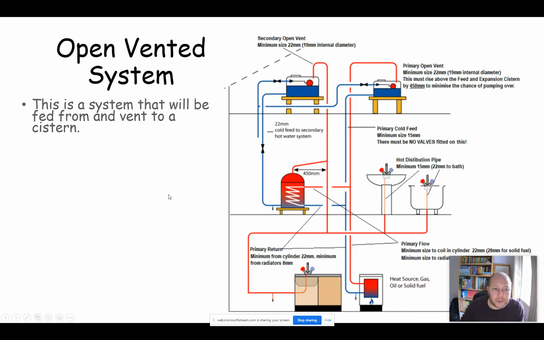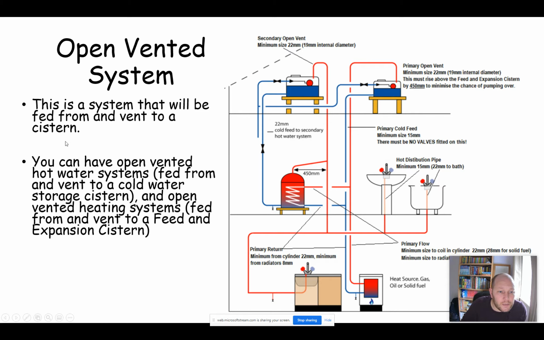Open vented systems. Essentially, it's a system that's fed from and would vent to a system, in simple terms. That's what an open vented system is. You can have open vented hot water systems that would be fed from and vent to a cold water storage system, like you can see here. You've got the secondary cold feed coming out of the cistern here, going into the bottom of the cylinder here.